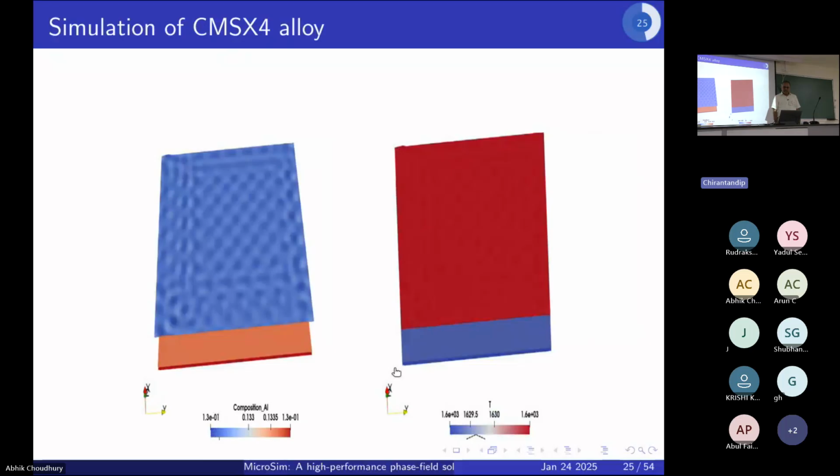And then we come to a specific problem in an alloy which is of high importance for the aerospace industry, the single crystal superalloy that is used for blades. And this alloy has many components.